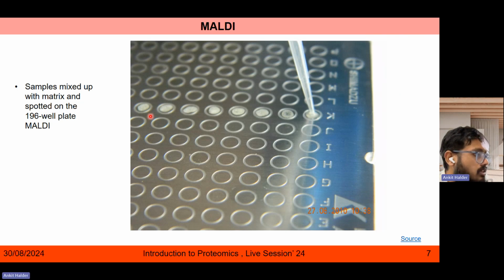So you can see this is a simple basic plate and you will spot these samples.